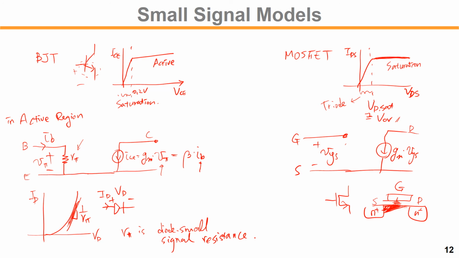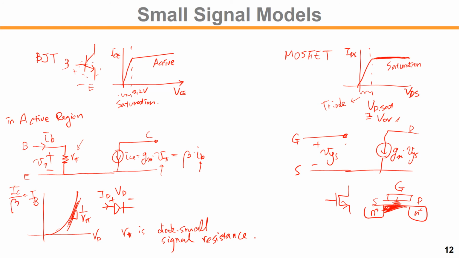So in the active region of the BJT, we can model the input as Rπ, that is resistive, because there is non-zero current on the base because of the diode through the base, right? Between base and emitter, there's a forward bias that has this kind of relationship. So IB is IC over beta.